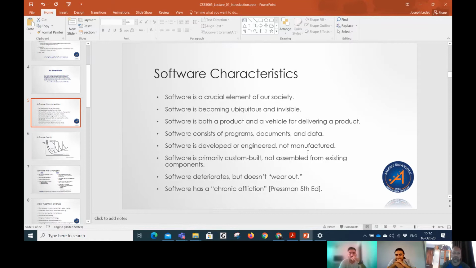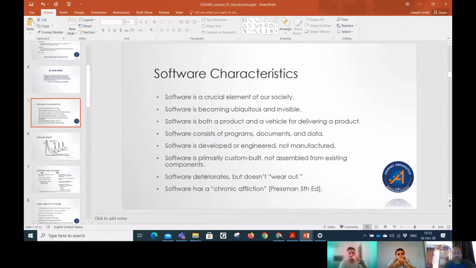So what does software consist of? We have to make sure we understand that. Software, unlike hardware, unlike building products, is developed and engineered, not necessarily manufactured. We can make one software package and then distribute it to millions of people. We don't have to make multiple copies of it, not like the old days when you might get a CD and you had to print the CD and then ship that out.